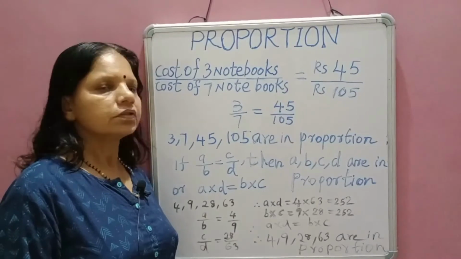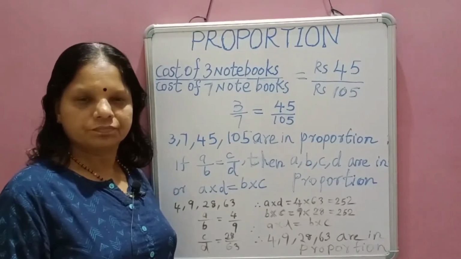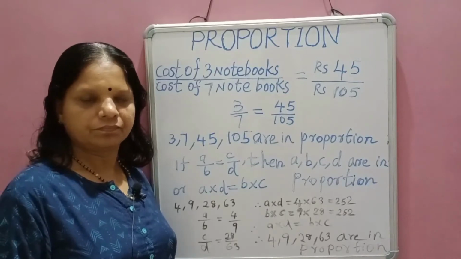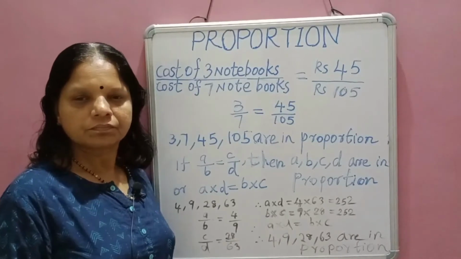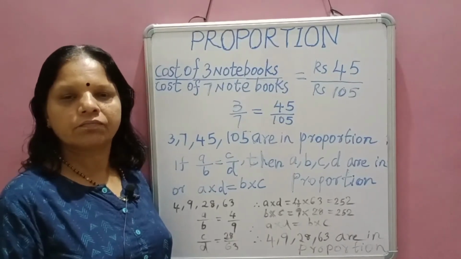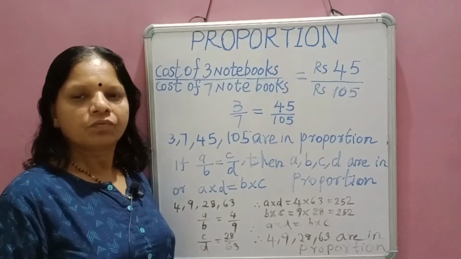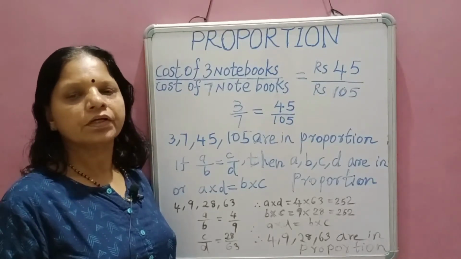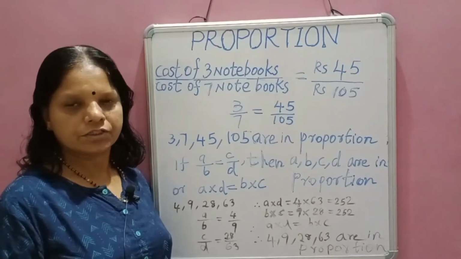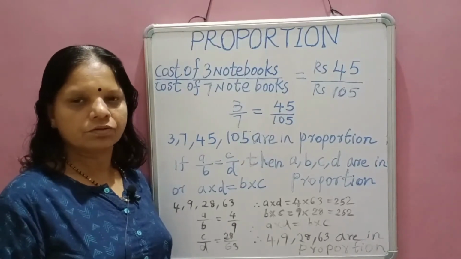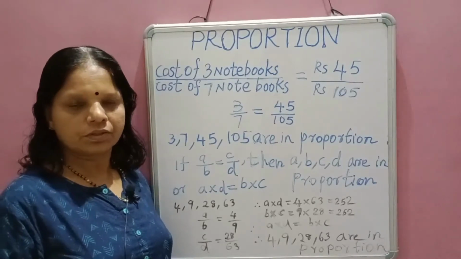Suppose she wants to make 12 cups of tea. The ratio should not change, but the quantity of milk and water will change. So, what do you have to do? You have to find the equivalent ratio or equivalent fraction. What is the ratio of milk and water? 1 is to 3.